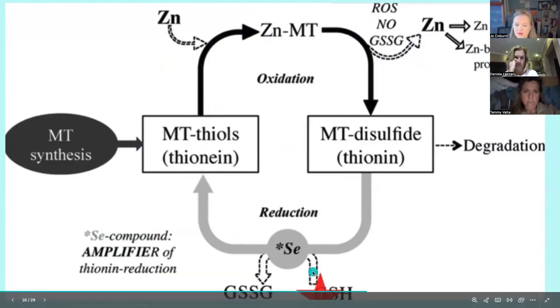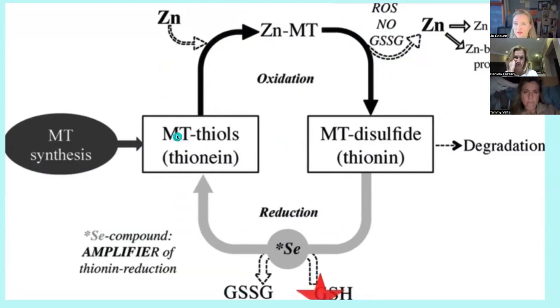It's reduced here again, and it just gets recycled. It's oxidized and reduced, and you need zinc, and there's B6 in this process too. So without both of them, you're degrading these, and you're not making them and feeding the whole cycle. They get lost.